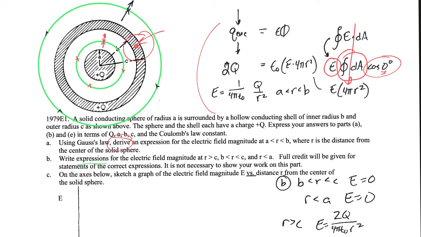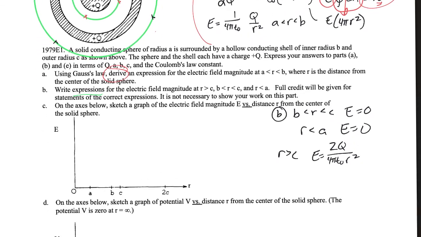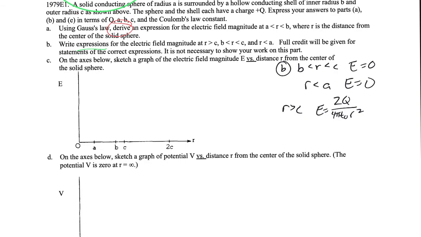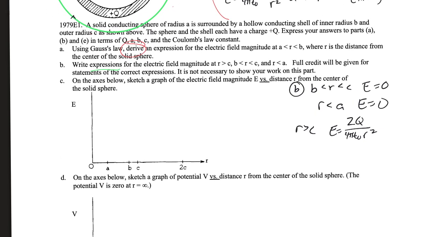On the axis below, sketch a graph of the electric field, magnitude E versus distance r from the center. We've done this already, but I think it's worth doing again. So, interestingly enough, when you consider doing this, do you want to start from the outside in or the inside out? It doesn't really matter to me. Electric field, I tend to feel like we should go inside out. But I know those two have to be 0.